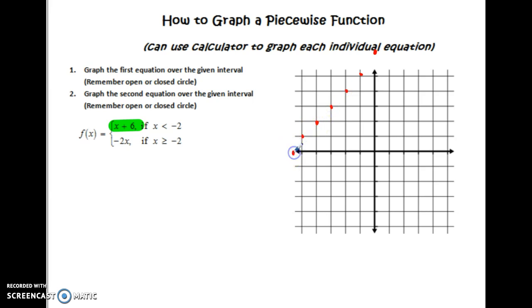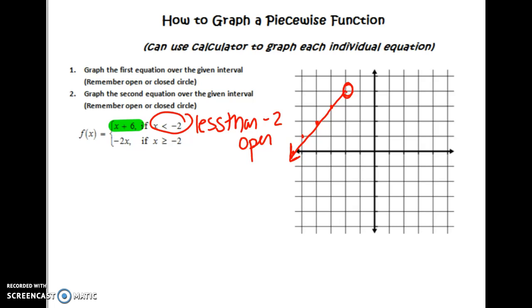Now if I draw my line, it says for all values less than negative 2. So I go to negative 2 on my x. That's right here. I don't actually want the values above it. I only want everything less than negative 2. Now I'm going to put an open circle on this value here because I do not want anything equal to it.